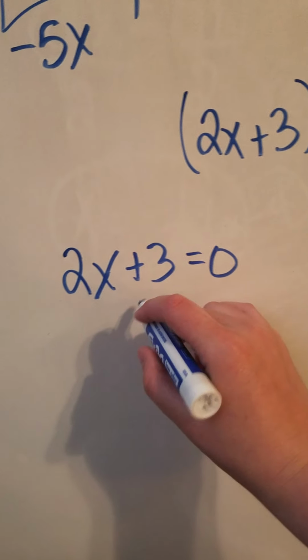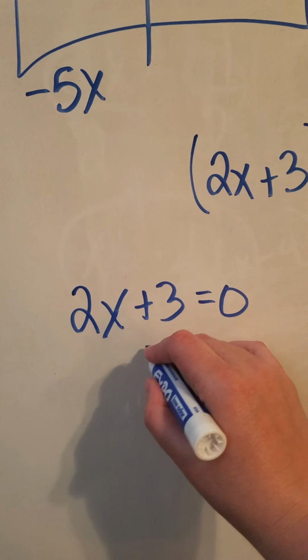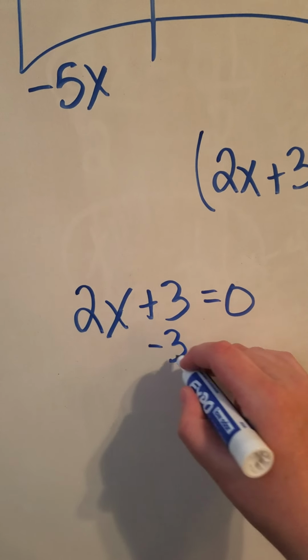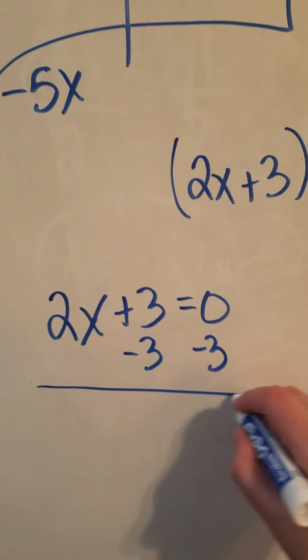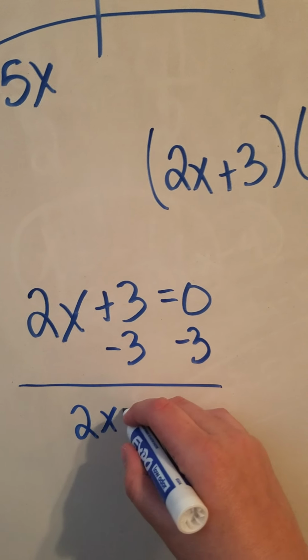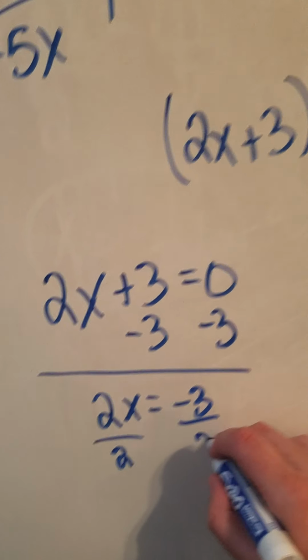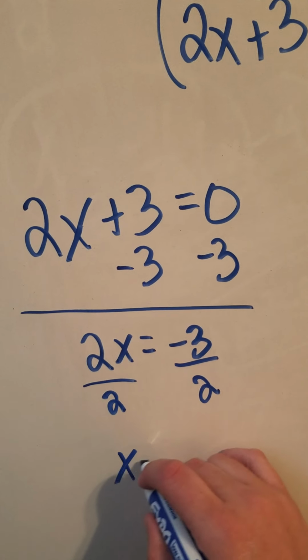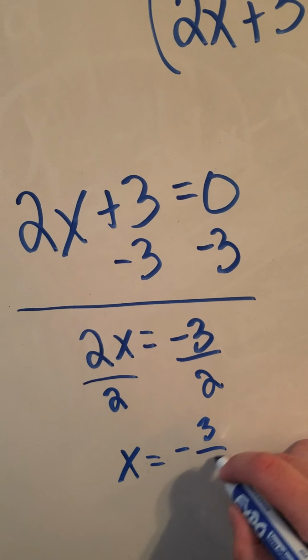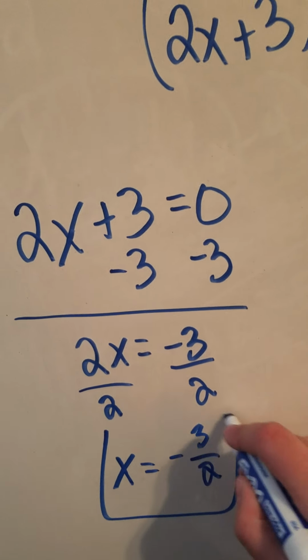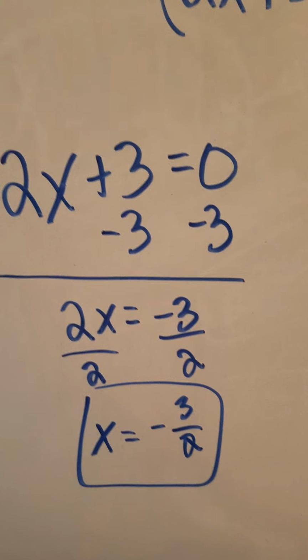Let's start on the 2x plus 3 equals 0. So I'm going to do the opposite, subtract 3. I get 2x equals negative 3. Divide by 2. And I get x equals negative 3 halves as one of my answers.